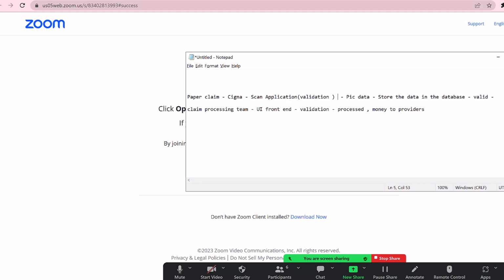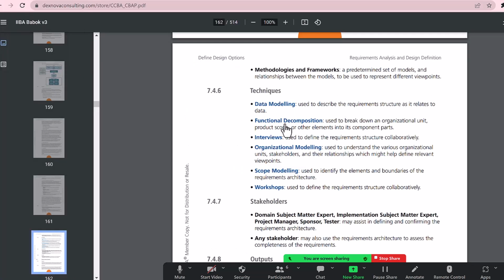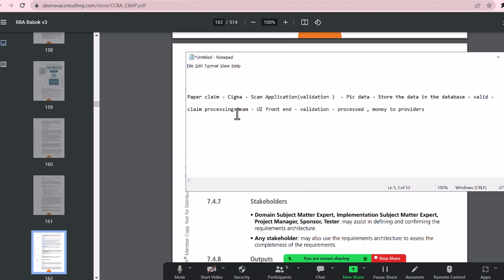So when we say functional decomposition, you're breaking down the product scope into smaller components, and you're doing that kind of modeling. When we say scope modeling, you are drawing a diagram and explaining what I'm explaining to you in a diagram perspective.